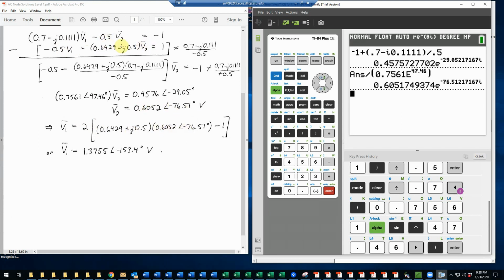And then I'm going to subtract 1 from that, bring the 1 over here, and bring the 0.5 V1 over here, and then divide by 0.5, or in other words, multiply by 2 to get the V1. Okay, so this expression, again, I'm not going to go through the step of entering that in the calculator here, but it would be similar to what I did in these other examples. And that works out to 1.3755, angle negative 153.4 degrees, and also in volts.